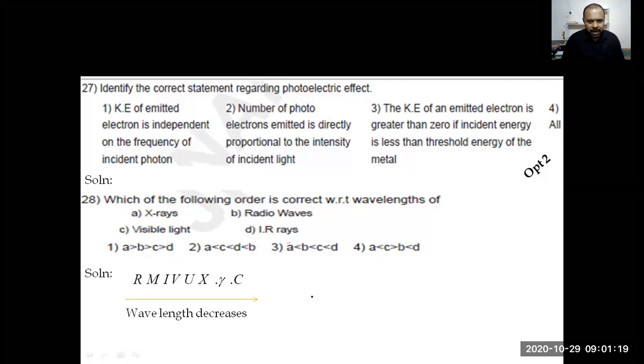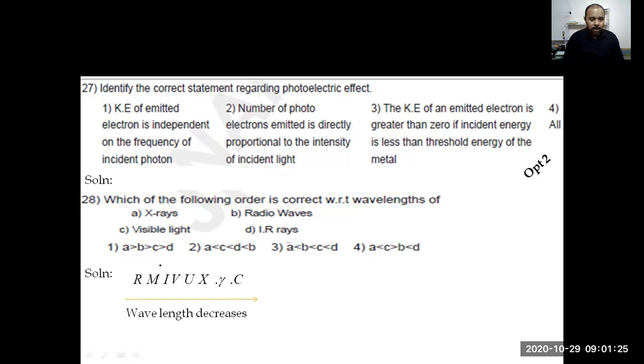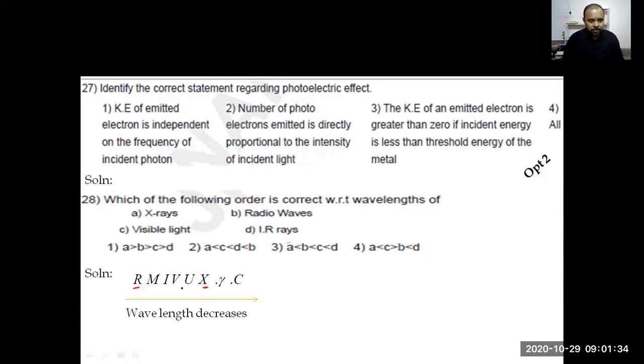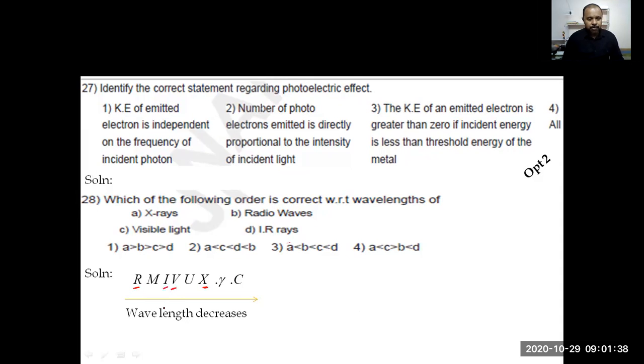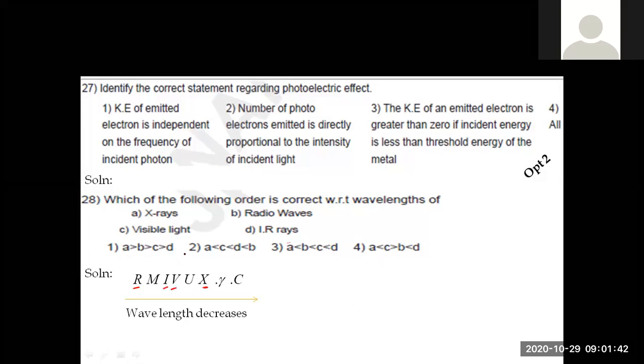Correct, no? They're asking which of the following orders is correct with respect to wavelengths only. Now look at the X-rays, radio waves, visible rays, IR. Let us mark them. There is no need of marking, sir, because radio waves have the maximum.